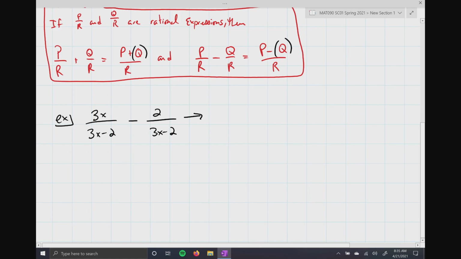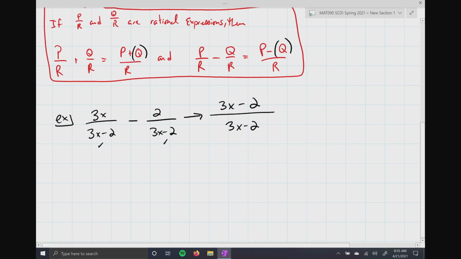All right, so step 1, you got to have common denominators. 3x minus 2, 3x minus 2, so we're good. So we're going to write the denominator once and write the entire numerator. Now, the second numerator here, I didn't put it in parentheses, and the only reason why is it's only one term. I don't have to worry about that.